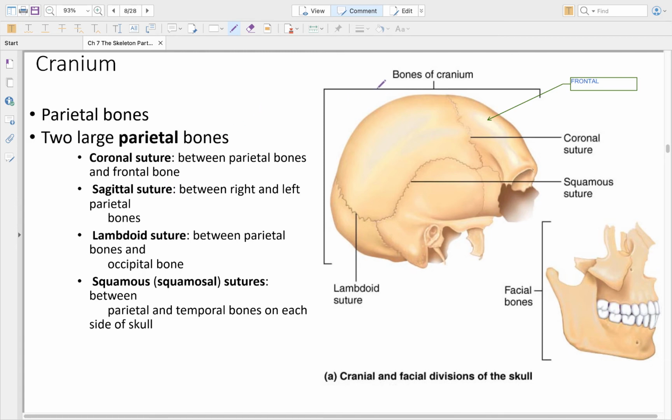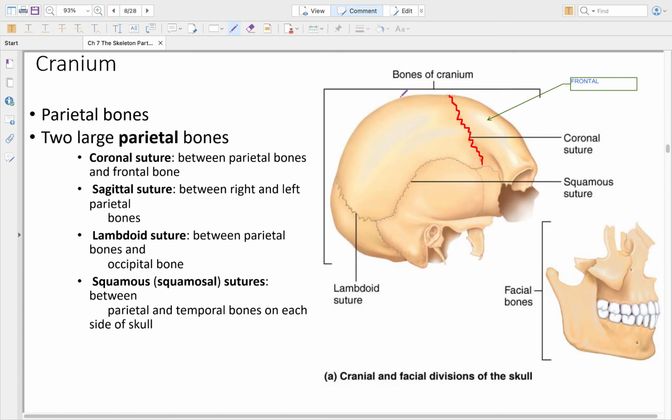The sutures that we can see here are, see all of this? That is called the coronal suture. And it connects the frontal bone with both parietal bones.